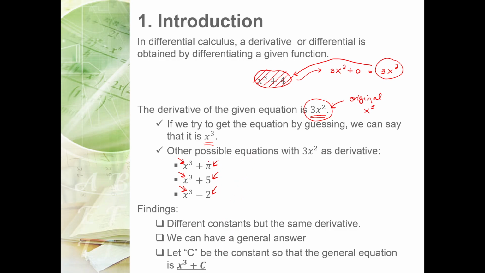Since we were not given the original equation, instead of guessing what particular constant the given equation has, we let it be c. So we have x cubed plus c.